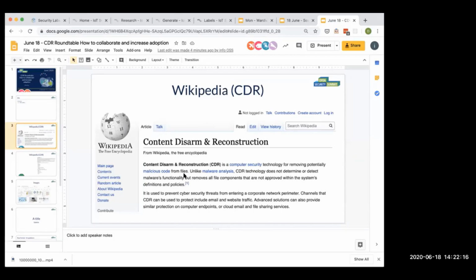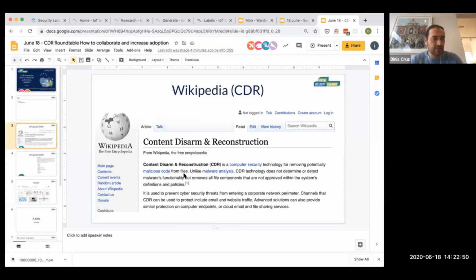Right, I agree with you. Even the second sentence, where it says something about the endpoint, cloud, even sharing services, it's still not covering it at all. At the end of the day, it's any kind of productivity files, regardless of the source or input channel. So I agree on that one.